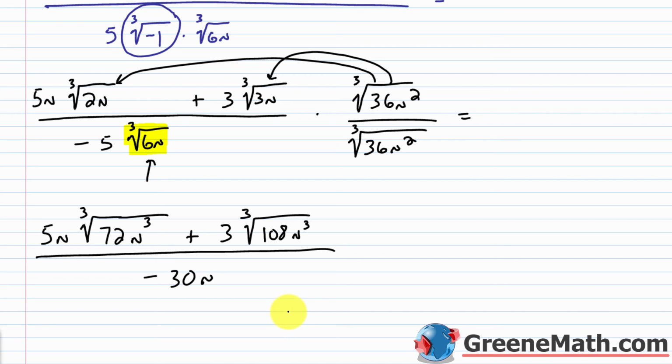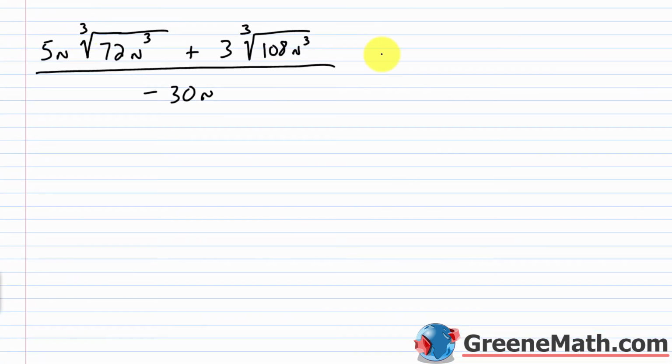So before we try to factor anything, in the numerator, let's think about 72 for a second. 72 is what? It's 8 times 9. We know 8 is a perfect cube. It's 2 times 2 times 2. 9 is not. It's 3 times 3. So what we could do is write this as 5n times the cube root of 8 times the cube root of 9 times the cube root of n cubed.